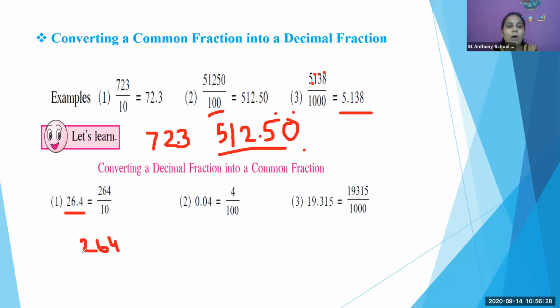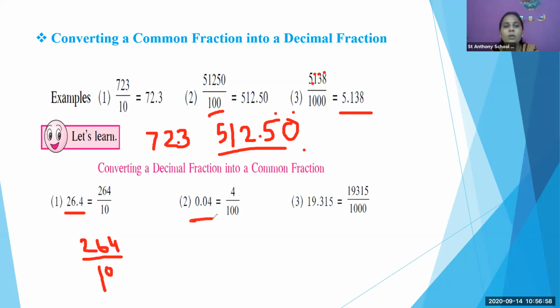Only one digit after the decimal point, so we will give 1 and one 0, which means 10. If 10 is there in the denominator, then the decimal point will be shifted to the left by one digit only.